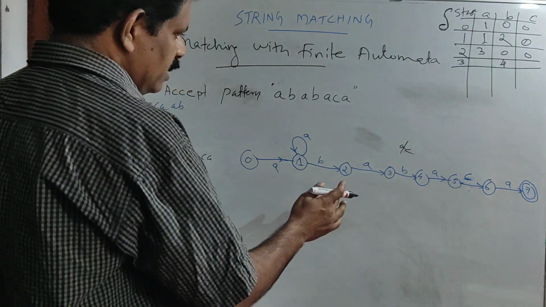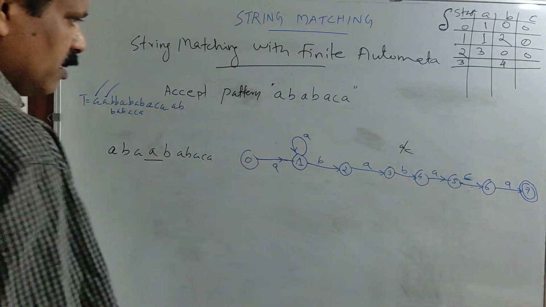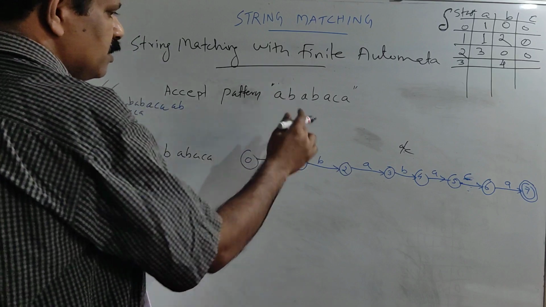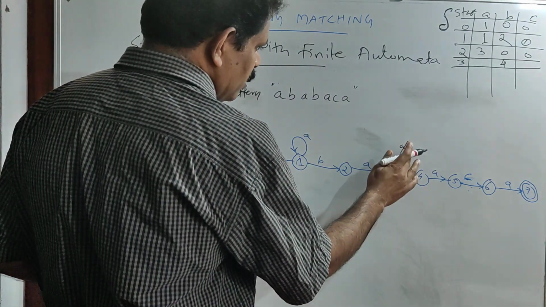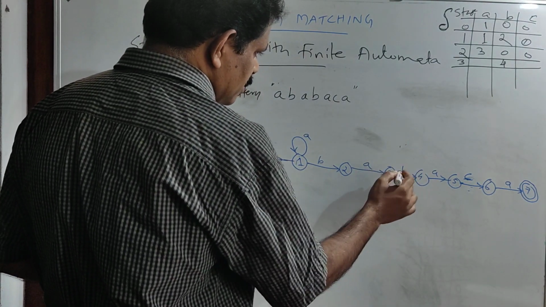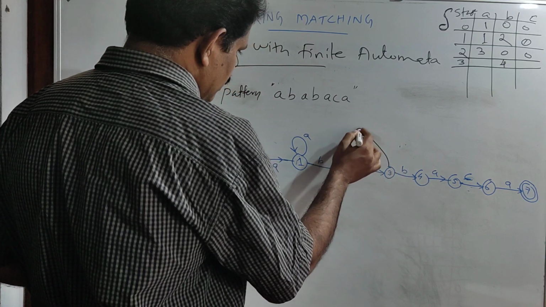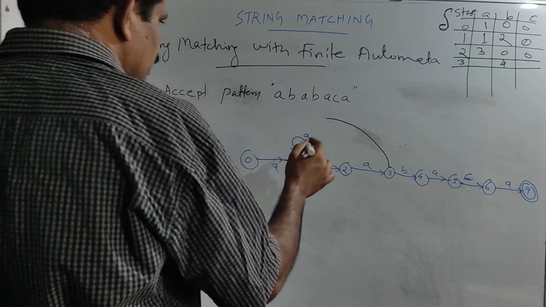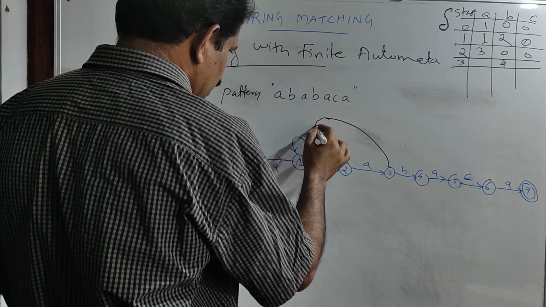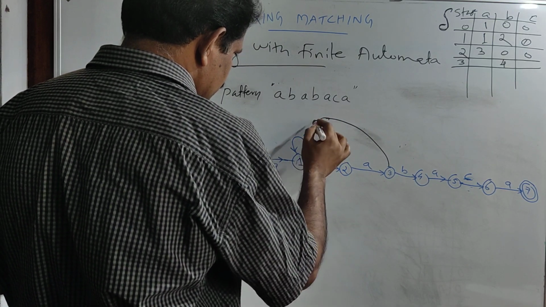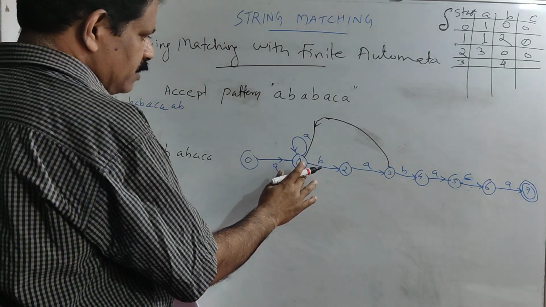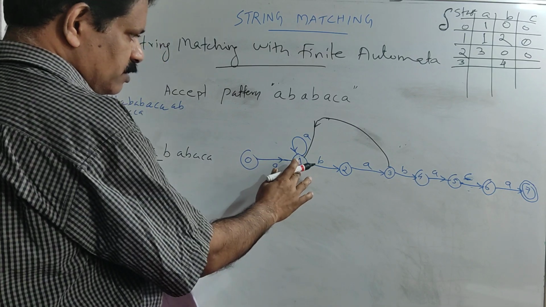A is the beginning of the pattern. So on getting an A, it can think it got an A and it is the beginning of the pattern, and it can continue from this point or this state.